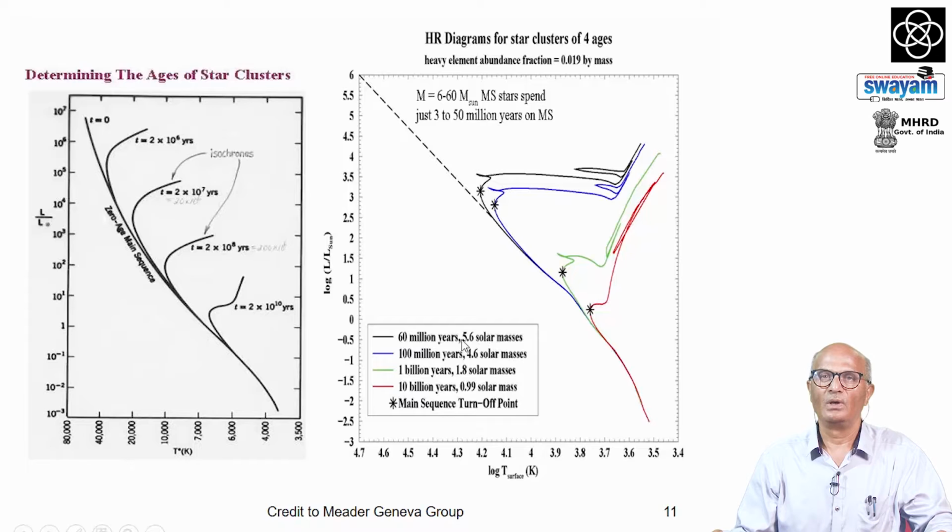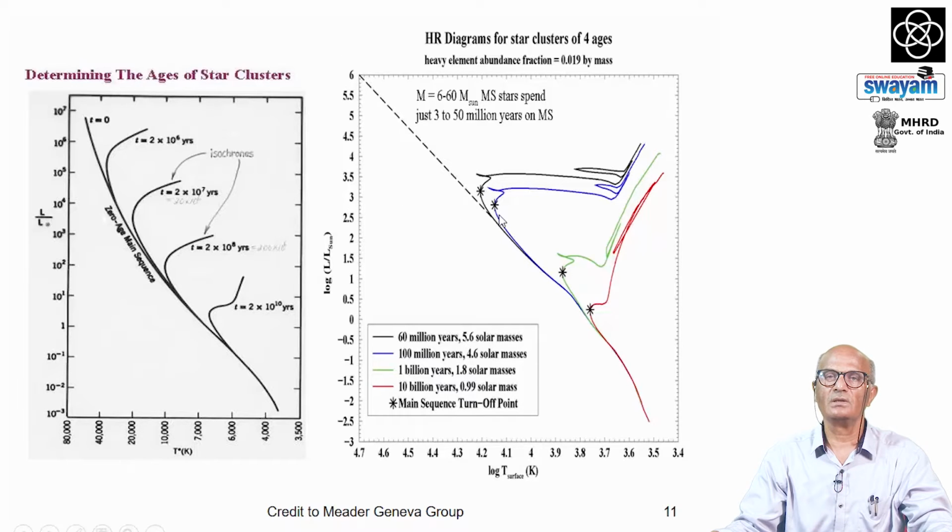For example, it is 60 million years for 56 solar mass. It increases as the mass decreases. For the masses shown, in the range of 6 to 60 solar mass, they spend just 3 to 50 million years on the main sequence, which is given here.